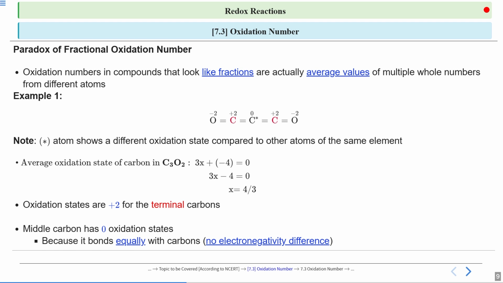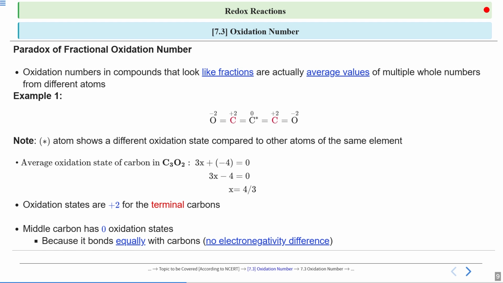Here we have calculated the average oxidation state for carbon in C3O2, that is 4/3. But that particular carbon in the structure exists with different oxidation states as it is bonded with different atoms. The carbons bonded with oxygen atoms have an oxidation number of +2, while the central one has 0.